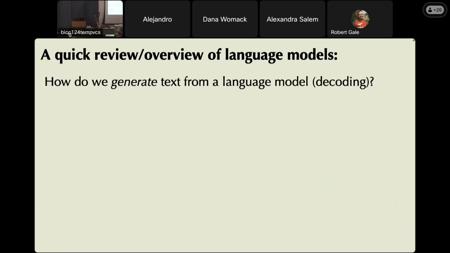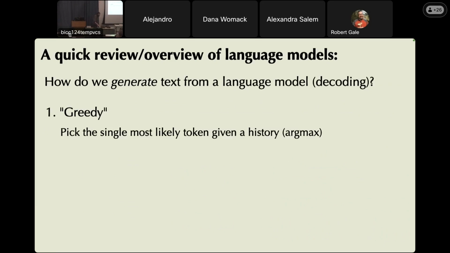That is an example of a greedy decoder, we would call it. This is one of the ways to decode from a large language model. At each point through your history, you just pick the single most likely word that comes next, 1 word at a time. Then you add that to your history, recompute your new history, draw your next word, add it to the history, 1 thing at a time.